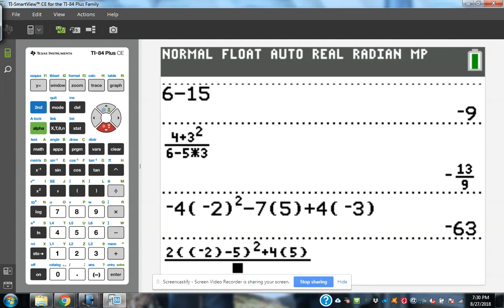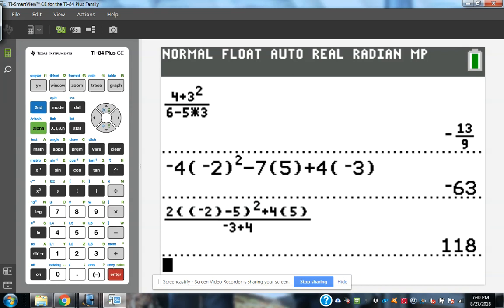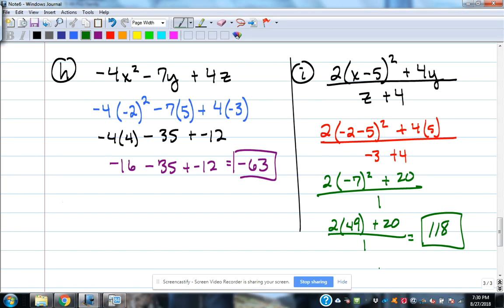Down to the bottom, you got -3 plus 4. And enter. Nice stuff with the calculator. Help check your work, hopefully. All right.